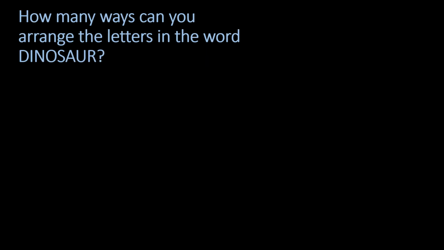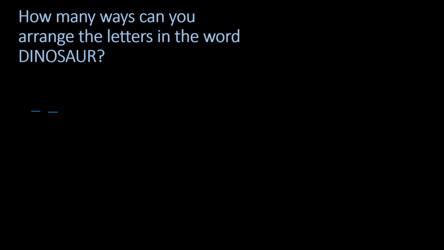All right, last basic factorial question. How many ways can you arrange the letters in the word dinosaur? So dinosaur, we have 1, 2, 3, 4, 5, 6, 7, 8 spots. So I'm going to draw out 8 lines.